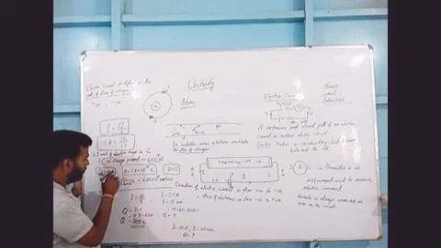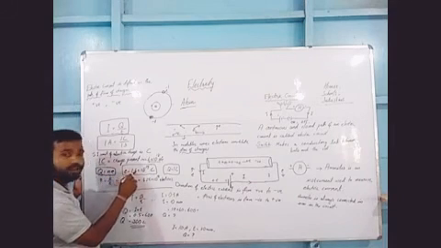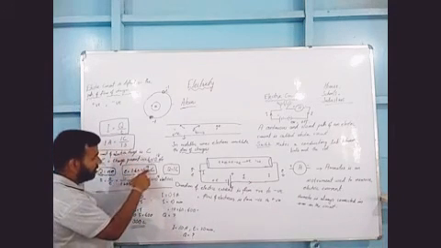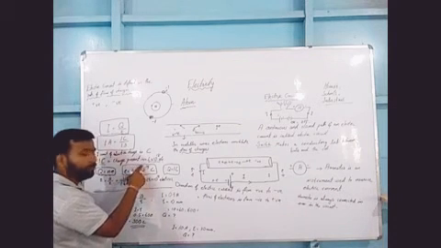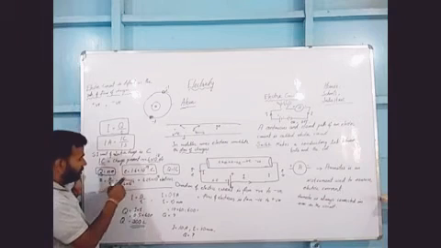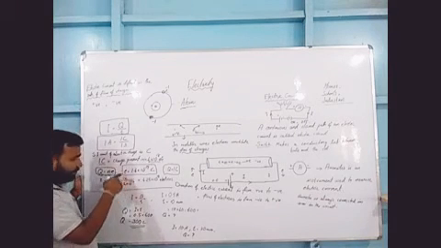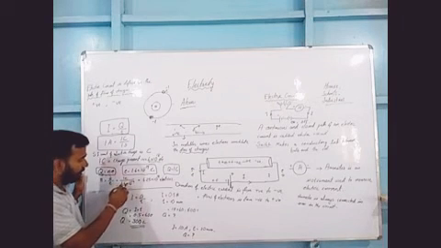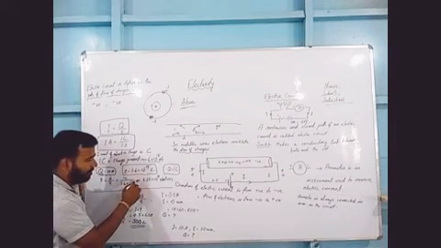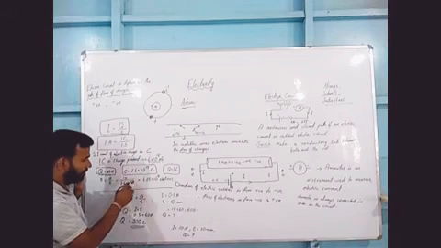When you take this division, 1 divided by 1.6 into 10 raised to minus 19, you get approximately 6.25 into 10 raised to 18 electrons.